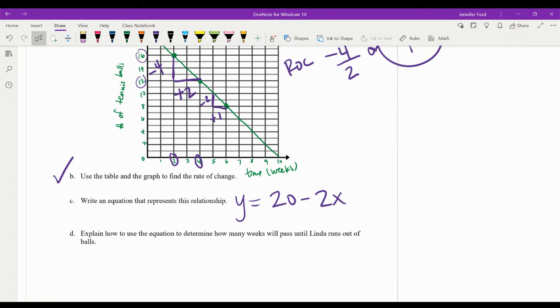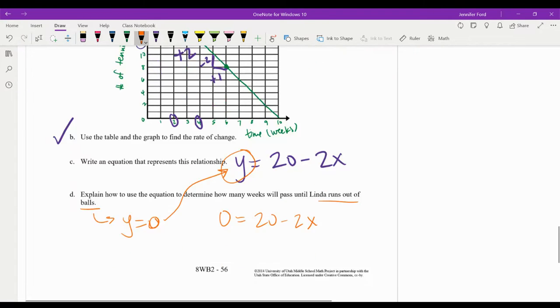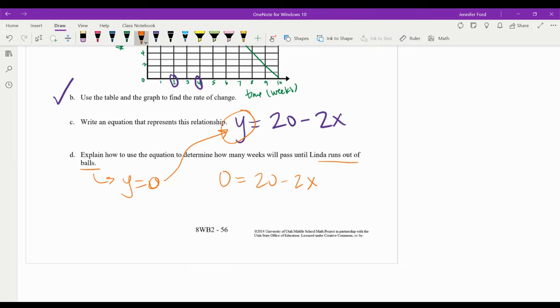Okay, so if Linda runs out of balls, this is going to be when y equals 0. So if I put the 0 in for the y, 0 equals 20 minus 2x. And then I solve. So I substitute 0 for the y because we have no balls left.